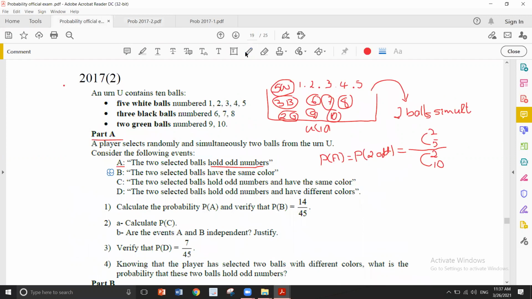Part B. The two selected balls have the same color. What does it mean that the selected balls have the same color? The probability will be 2 white or 2 black or 2 green. Probability of 2 white plus 2 black plus 2 green.